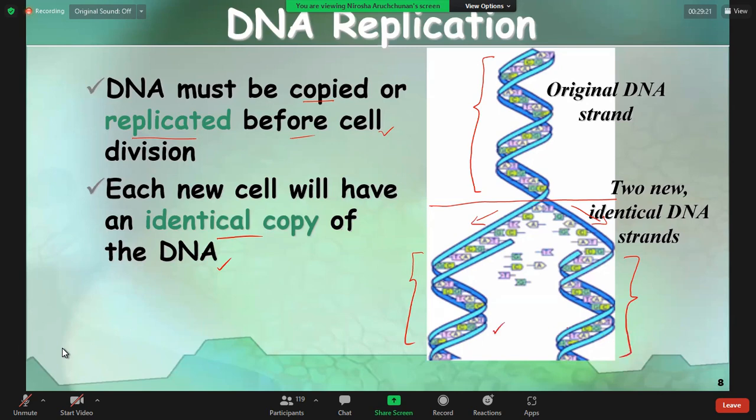These identical DNA strands will move into the new cells, which gives the identical nature to both daughter cells, because each new DNA strand has the same coding. So we can say this is how heredity is passed throughout the generations, right?